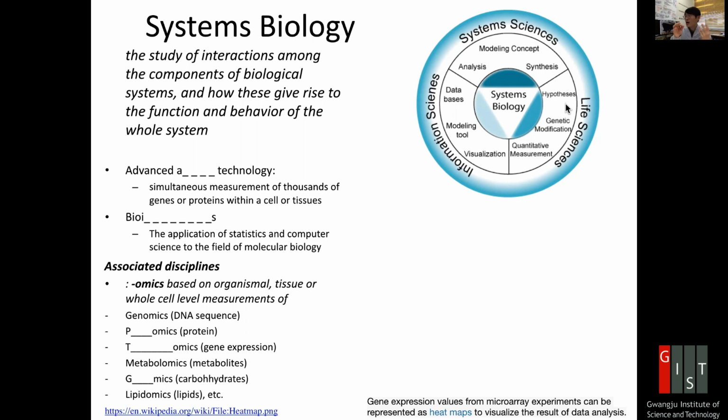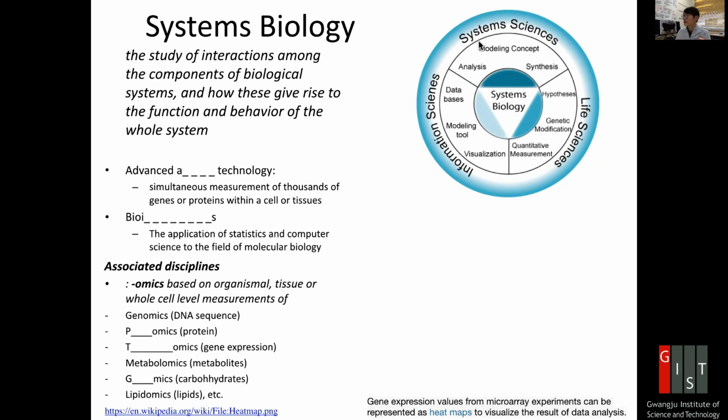And by this genetic modification, you measure the outcome with a quantitative measure, and life science can study one gene at a time. However, now in this genome era, we can actually study multiple genes simultaneously.